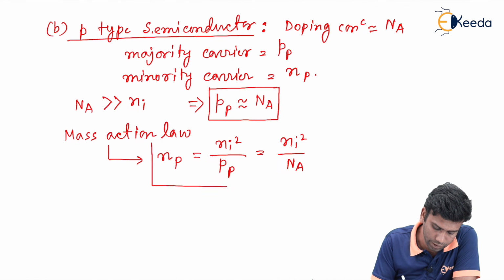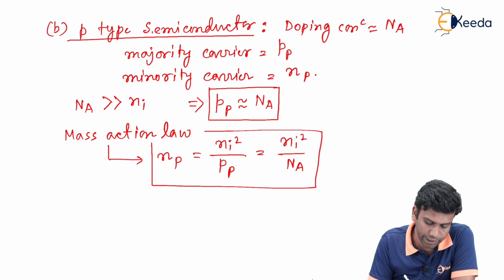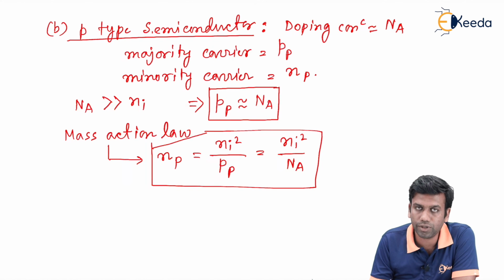So, this equation will give the minority carrier concentration in the P-type semiconductor when the doping concentration is very much greater than the intrinsic carrier concentration. So, this is all about the procedure of calculation of minority and majority carrier concentration, part 1. Thank you.